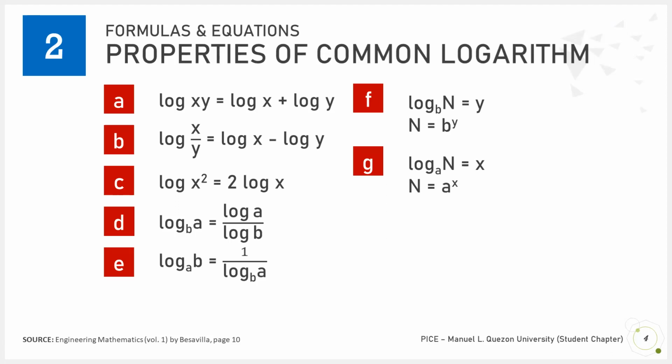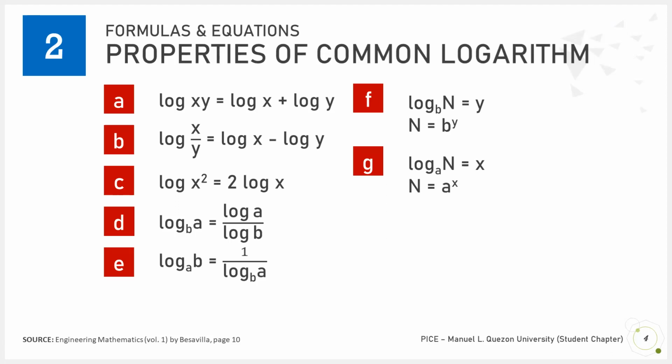For letter E, if we have, for example, a common logarithm of b to the base a, pwede natin itong i-transform by getting the reciprocal. Actually, not the reciprocal, kasi ang mangyayari dito, pagpapalitin natin yung positions nung base tsaka nung argument.